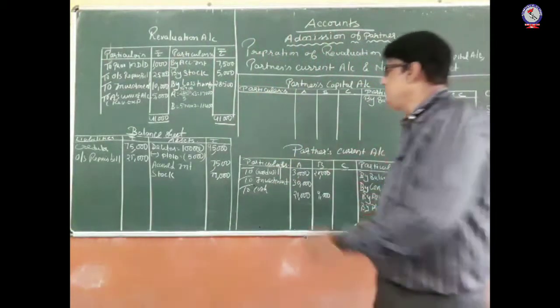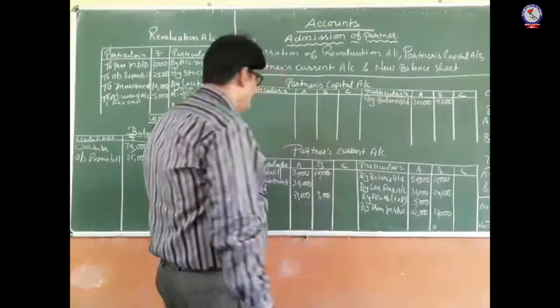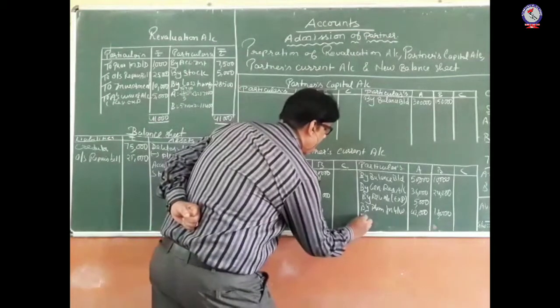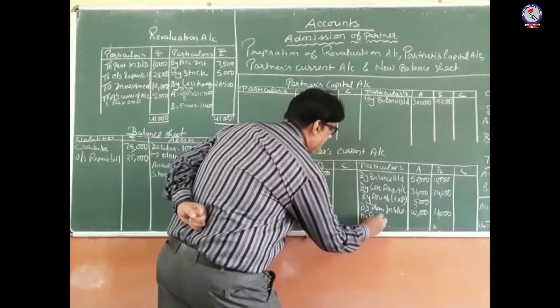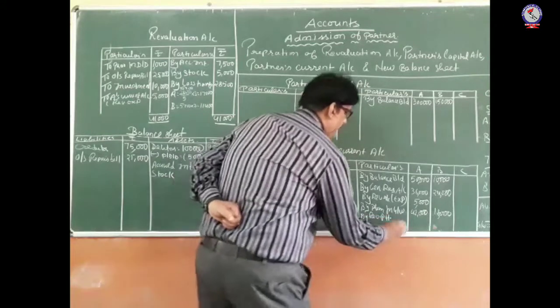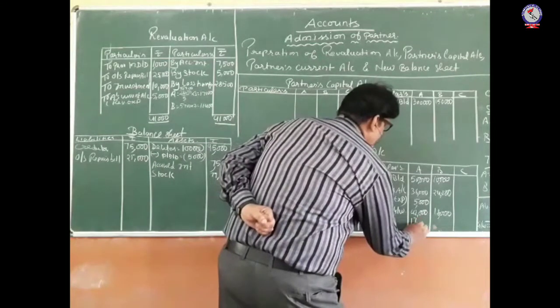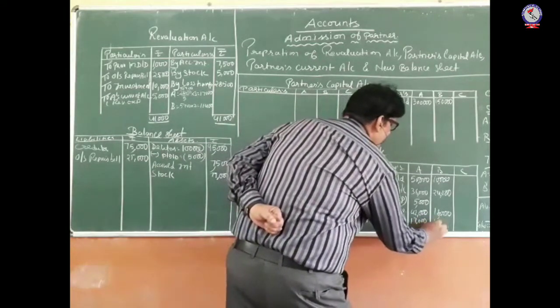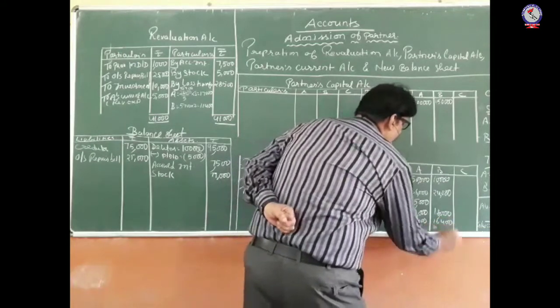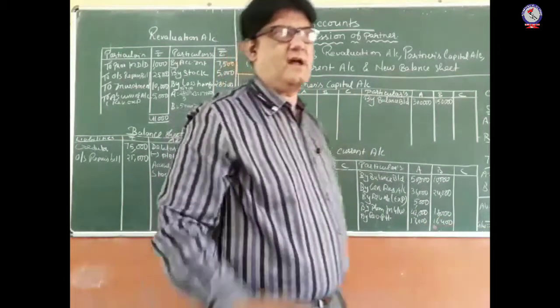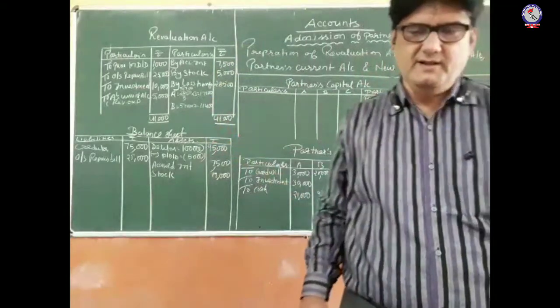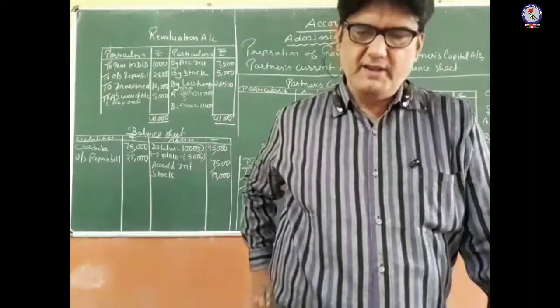Now this amount will be shifted to the current account by revaluation loss, 17,100 and 11,400. So this is the transfer of the revaluation loss to the current account. Sorry, there was a loss, so the loss will be debited. I am extremely sorry, I had written profit.